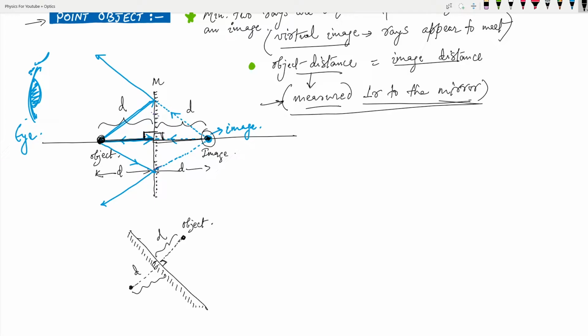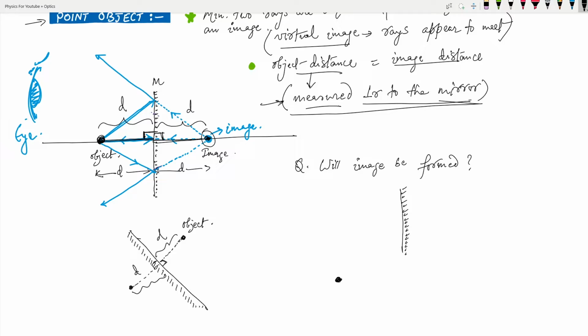Now let's move a little bit deeper into the concept. Suppose this is the mirror. This is the back side of the mirror and an object is kept here. My question is, will an image be formed? Will there be any image formed if this is the situation? If you say no, then you're absolutely wrong, because yes, there will be an image formed.